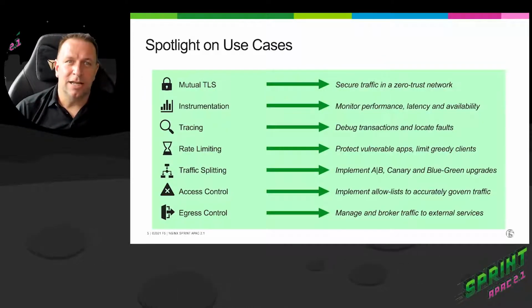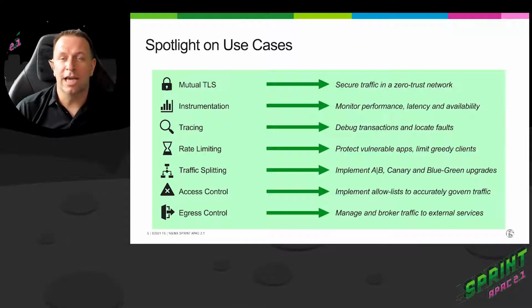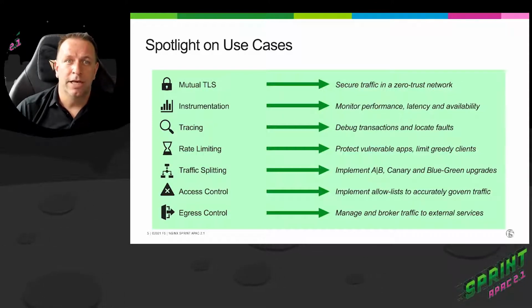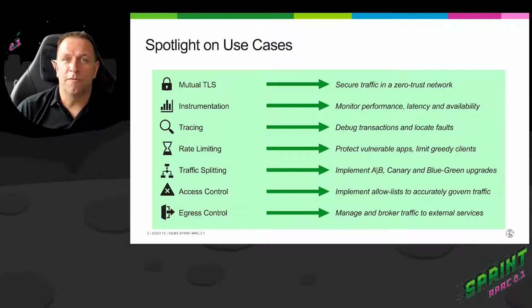I'd just like to highlight some of the use cases of NGINX Service Mesh. It introduces mutual TLS, so securing traffic in a zero trust network. It provides instrumentation to monitor the performance, latency, and the availability of your applications. It introduces tracing, so you can debug transactions and locate faults within the application.